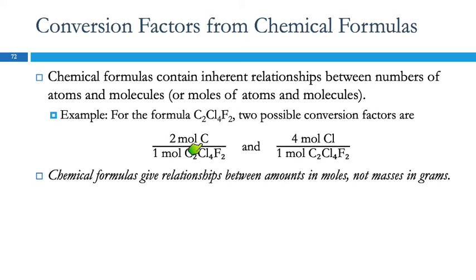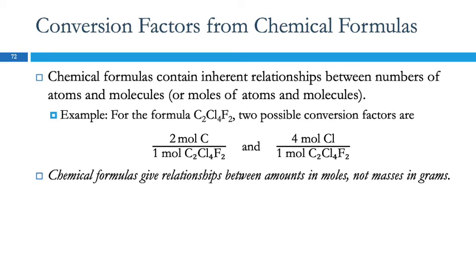One of them would be 2 moles of carbon for every 1 mole of compound. Because in one formula unit, or one molecule, there are 2 carbon atoms per molecule of Freon.